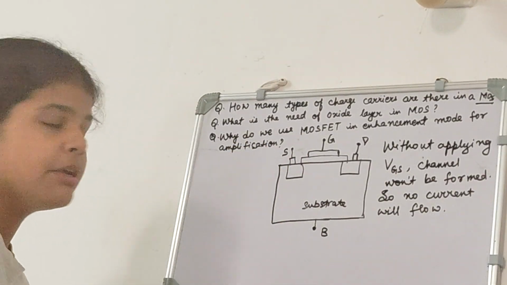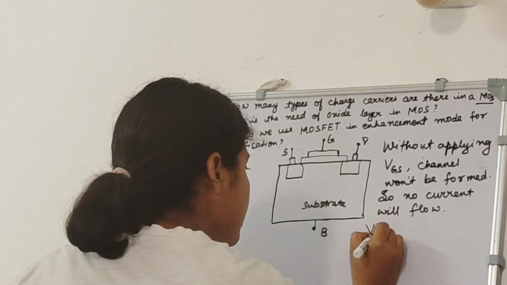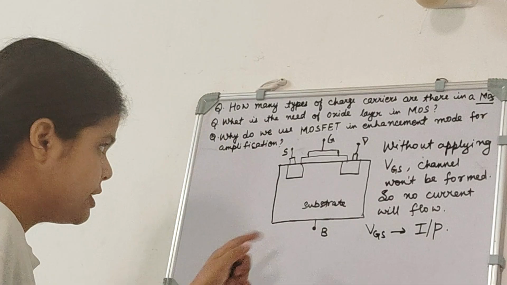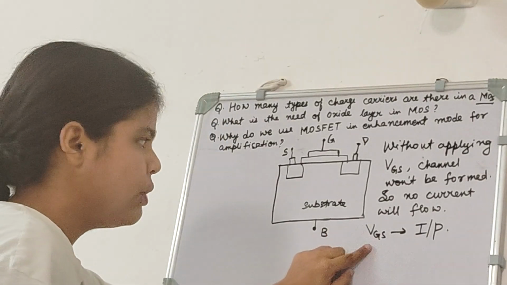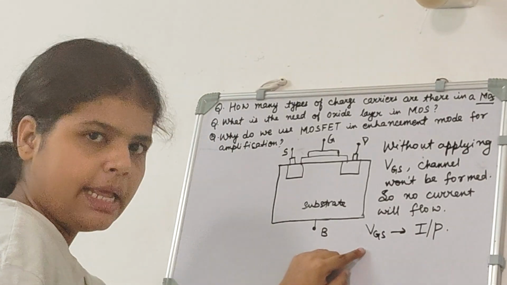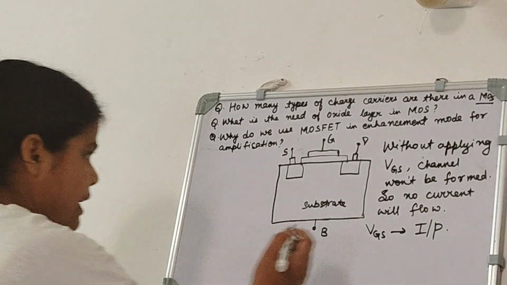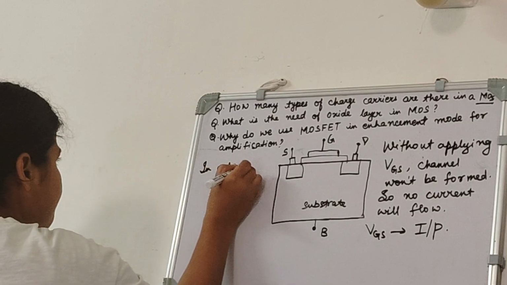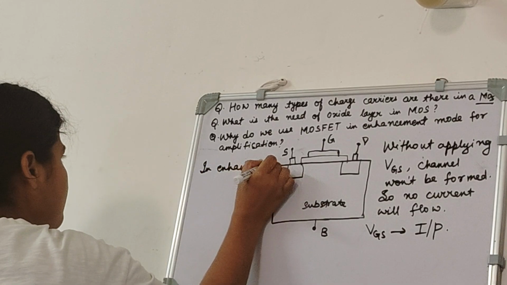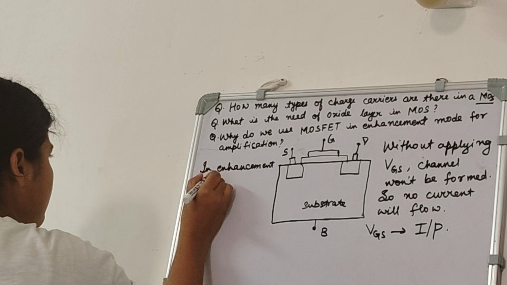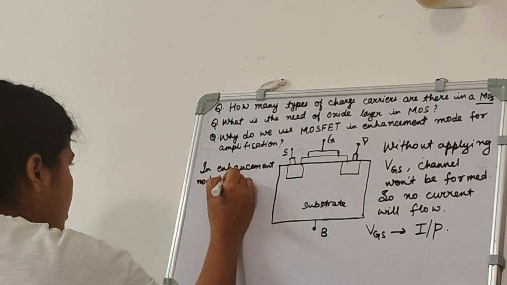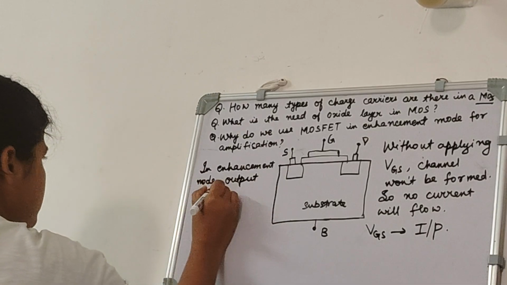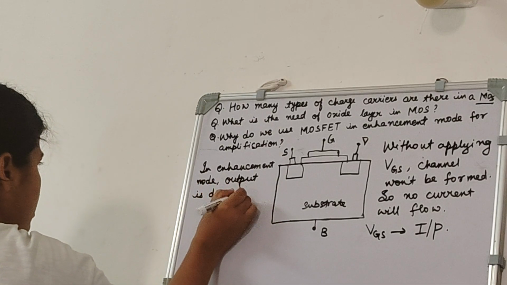Current is the flow of charge carriers. Now we know that VGS is the input, and in enhancement mode we can see that without applying any input we don't get any output current. So we can say that in enhancement mode the output current, or you can say the output, is dependent on the input.